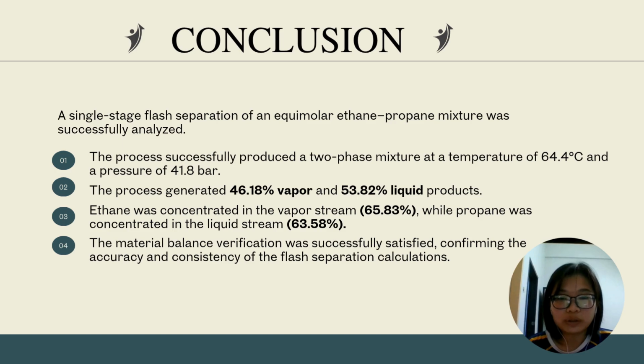Ethane was concentrated in the vapor stream at 65.83%, while propane was concentrated in the liquid stream at 63.58%. The material balance verification was successfully certified, confirming the accuracy and consistency of the phase separation calculations.